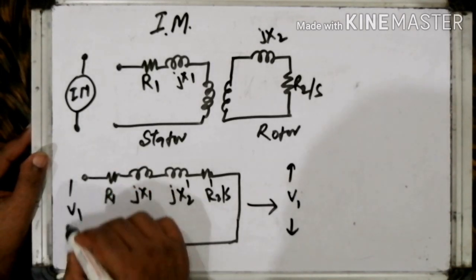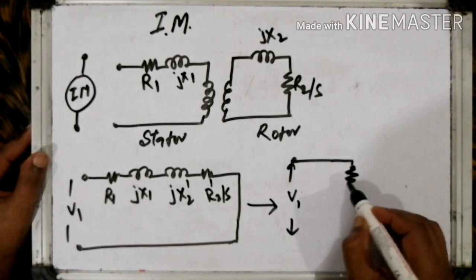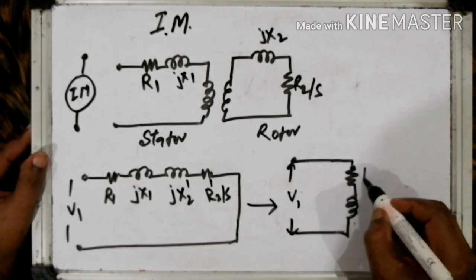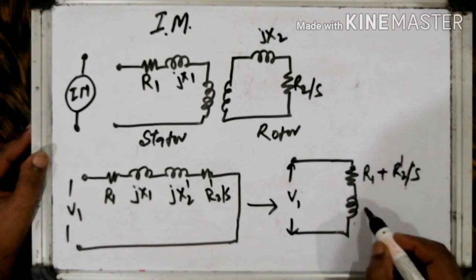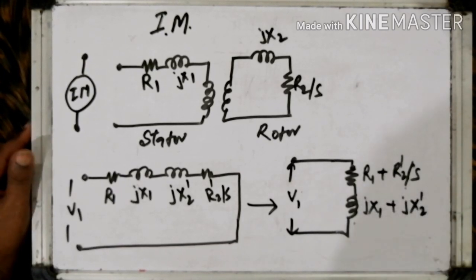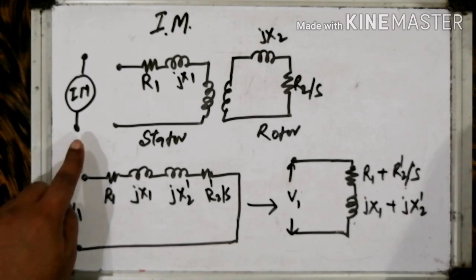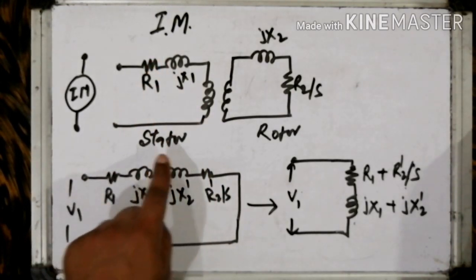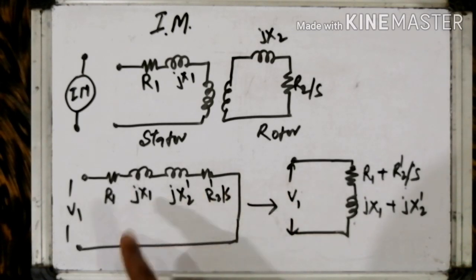This one is V1. This one is the inductor part. It should be written as R1 plus R2 dash divided by S, and JX1 plus JX2 dash. This is the symbolic representation, this is the actual circuit diagram of induction motor, stator and rotor, and these are the circuits when winding is referred to the primary side.